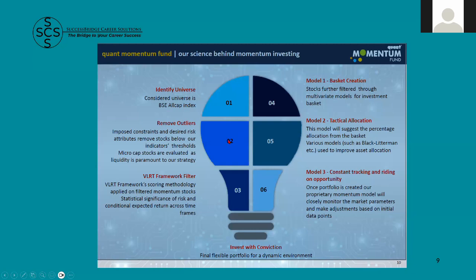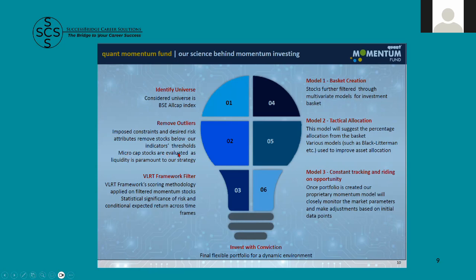As I said, this is a BSE All Cap Index, which consists of large cap, mid cap, small cap, and even micro caps. For micro caps, what they are saying is that they are evaluated separately, as liquidity is paramount to our strategy, because micro caps do not have good liquidity. So they put extra effort into understanding them, and as they say, we may have micro caps in the portfolio.